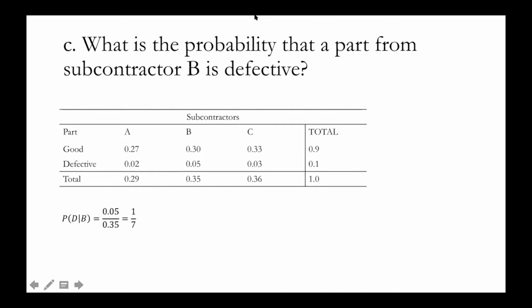So in this case, the probability that the product is defective, given that the product is from subcontractor B, P(D|B), I use this formula P(D and B) divided by P(B). And you should get that it's equal to 1 divided by 7.